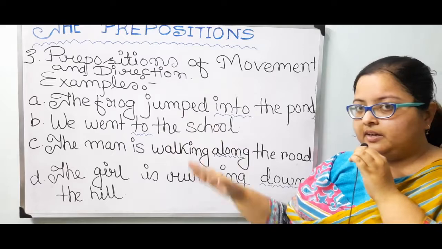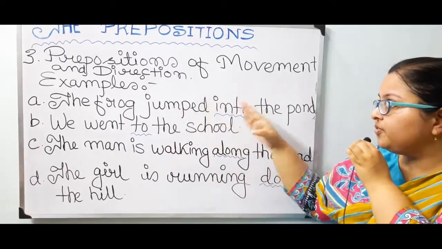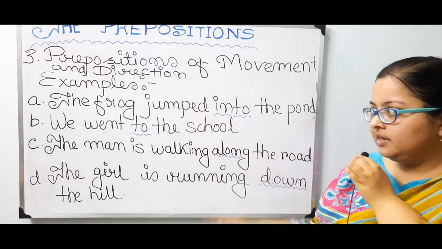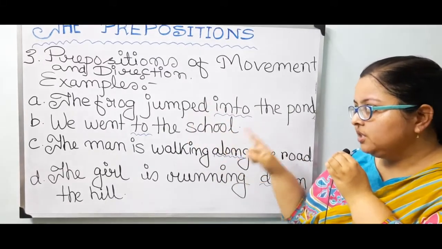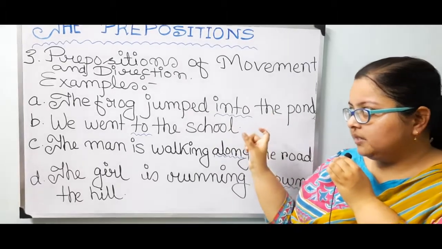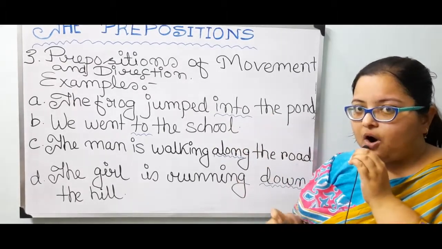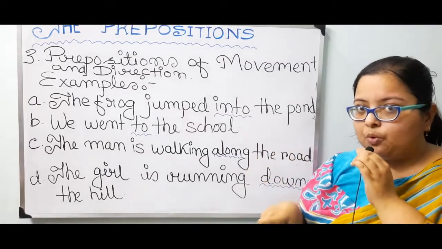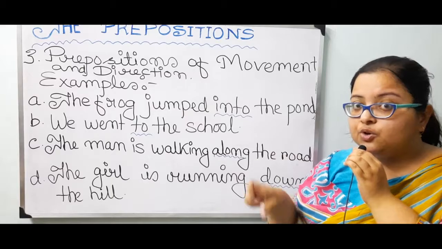Number 3, prepositions of movement and direction. Examples. Number A, the frog jumped into the pond. Over here, students, the frog jumped, into where? Into the pond.